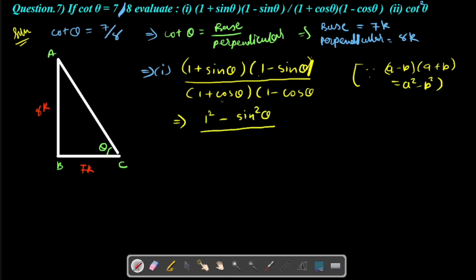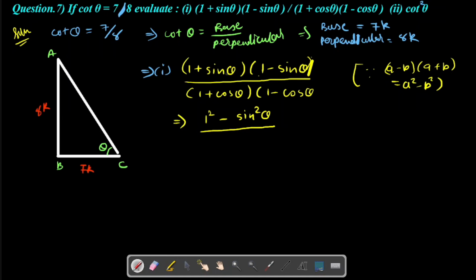When you square a trigonometric ratio, you have to write the square sign on sine, not on the angle. Because if you square the angle, then the angle will be changed.